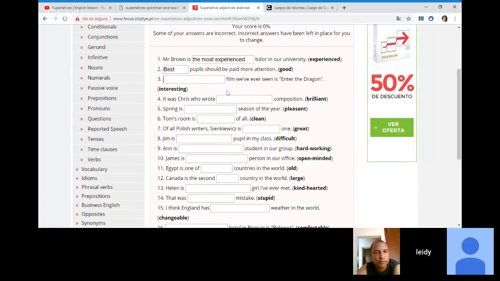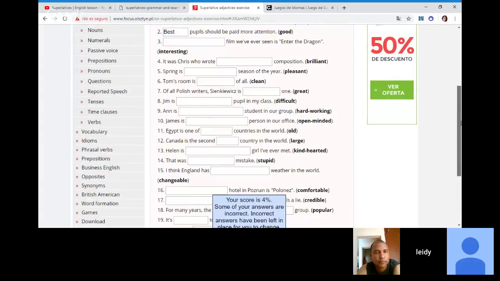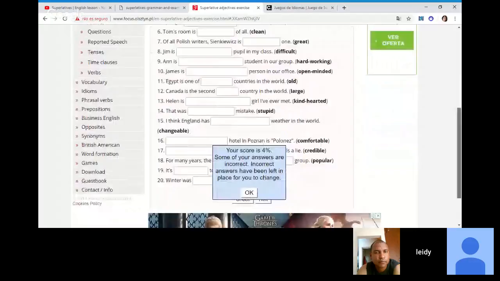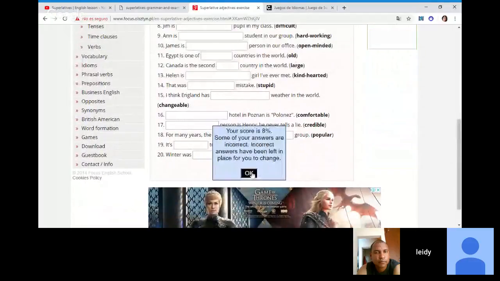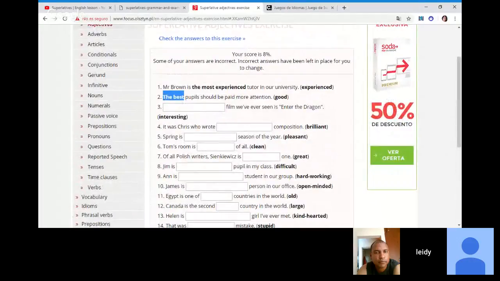In fact, you don't write not the best, you write the best, okay? Yes. The best. Remember that with the superlatives, you write the first, okay? Before the adjectives. You write that before the adjectives because you try to compare one thing with the others.